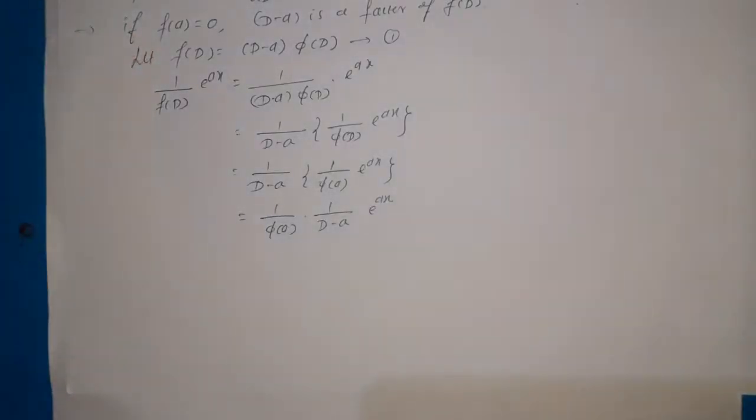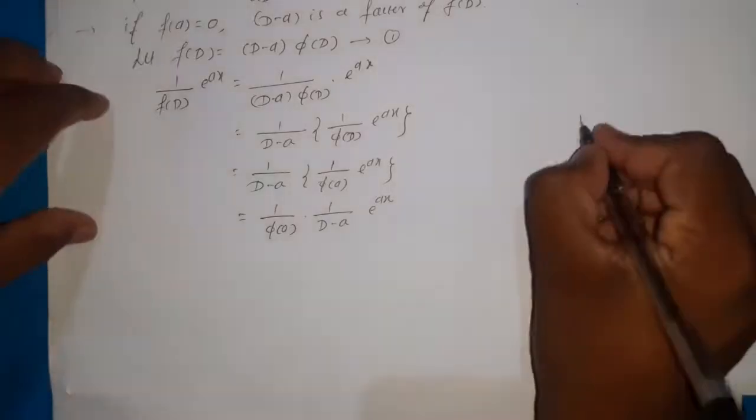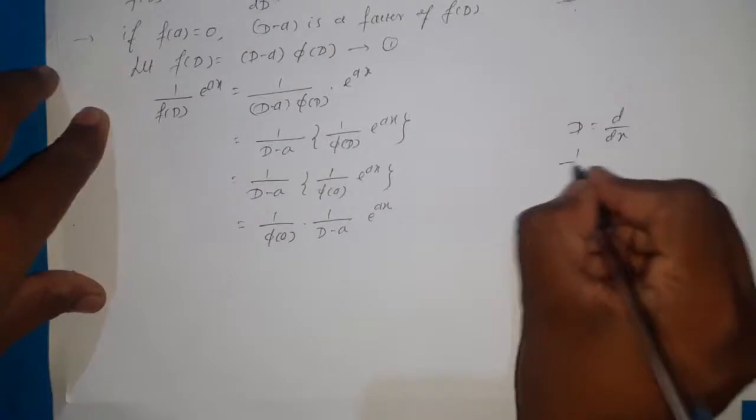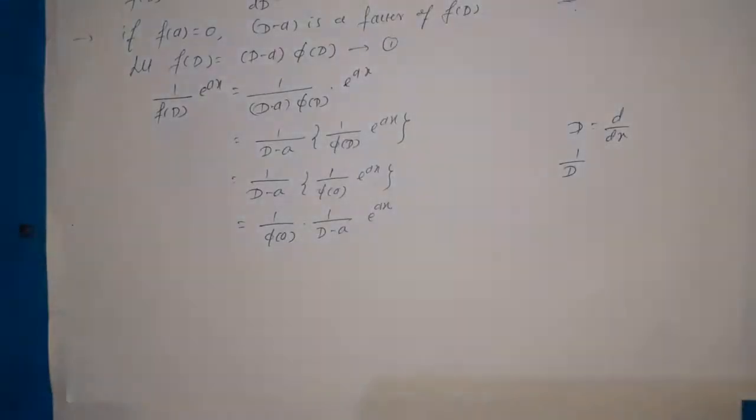Here we know capital D. So what is capital D? It is the operator d by dx, and if we write 1 by D, where D is equal to d by dx, then 1 by D means the inverse operator. So what is the inverse of differentiation? That is nothing but integration.